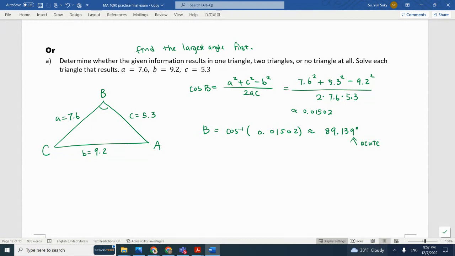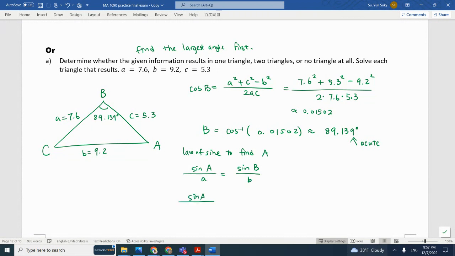So once we know one angle, we can then use the law of sines to find another angle, like today's class we talked about. Okay, now law of sines to find, let's say, angle A. So sine A over a is sine B over b.